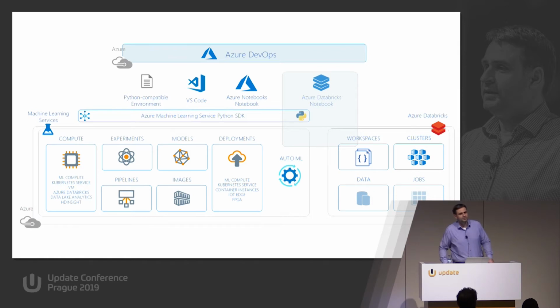Now, Azure Machine Learning Service is Microsoft's central service for managing machine learning projects. And it provides you with several types of features that are super important when you think about running such a project. These resources start from compute resources, various types of compute resources that you can use to train your models.